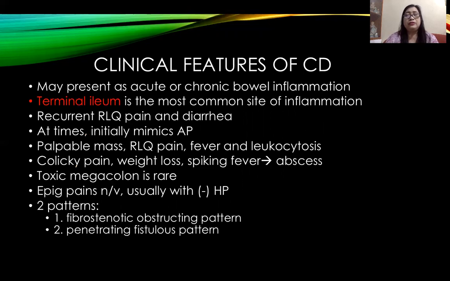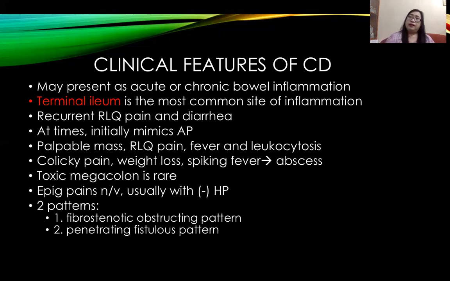So what are the features of Crohn's disease? This may present as an acute or chronic bowel inflammation. It affects your terminal ileum, and this is the most common site of inflammation. So patients will present with recurrent right lower quadrant pain and diarrhea.